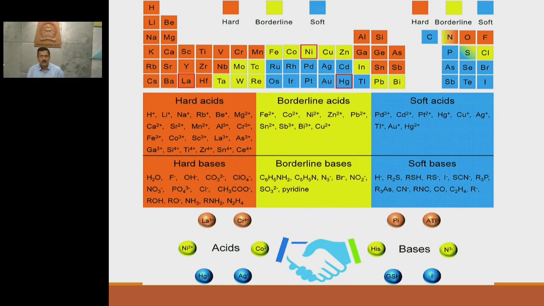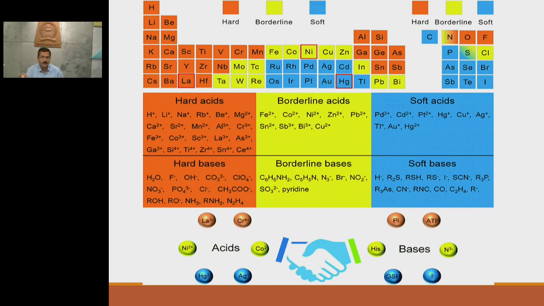In the periodic table, on the left-hand side, the alkali metals, alkaline earth metals, and the first two or three elements of the d block show hard acids, and hard bases also if they are negative in charge. Some represented in yellow coloration are borderline acids and bases, while the electronegative elements show soft acids and soft bases.